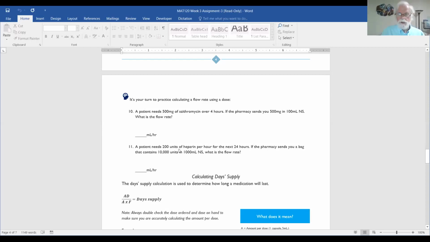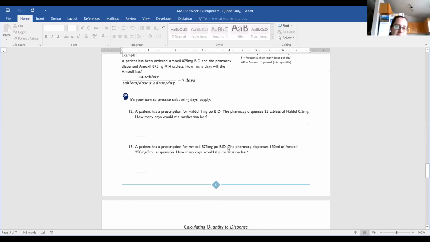So now, you have another question on question 13 on the assignment as well. Patient has a prescription for Amoxil 375 PO BID, 150 milliliters of Amoxil, 250 milligrams per 5 milliliter suspension.